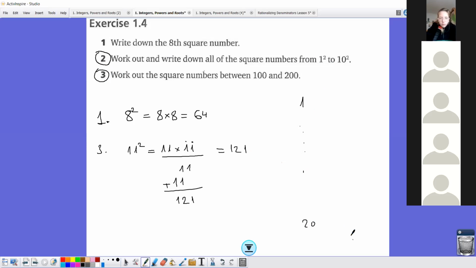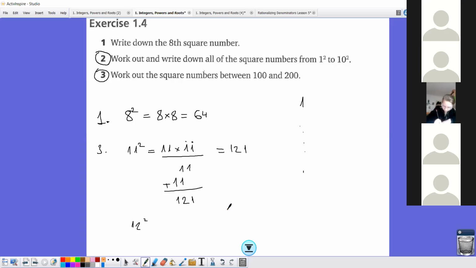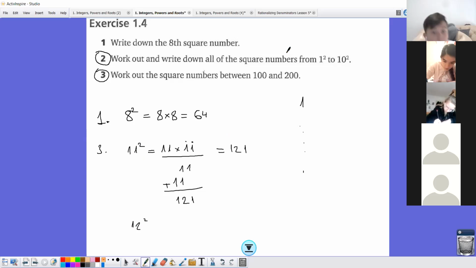Till 10 you have found, and we just continue: 11, 12, 13, 14. I have found 11. Try to find the squares from 11 to 20. It's your homework, the third one.